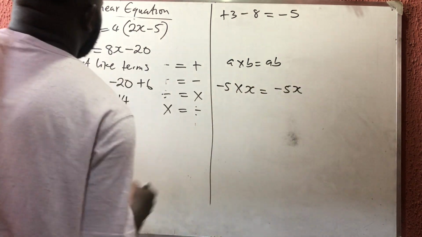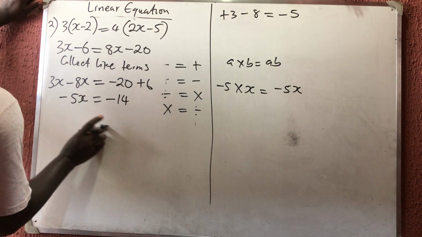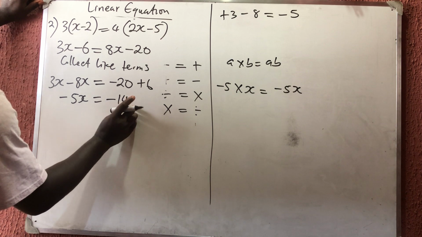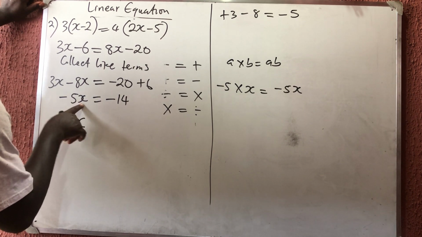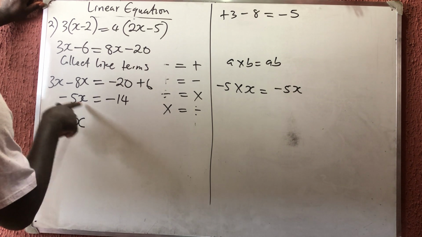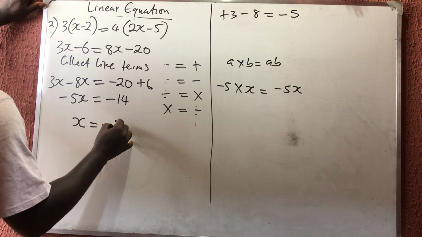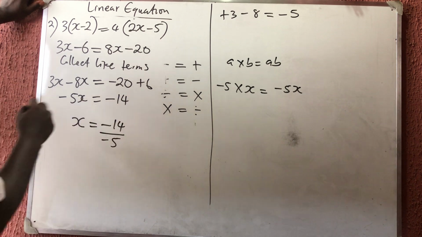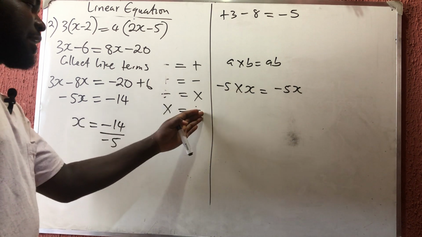Minus 5x. So if you look at this now, I told you that when multiplication is crossing to the other side, it will become division. That is why, if I want x to stay alone, and minus 5 is multiplying it, then if I want the minus 5 to move here, it is going to divide. So I'm going to have divided by minus 5, because multiplication crossing to the other side becomes divide.